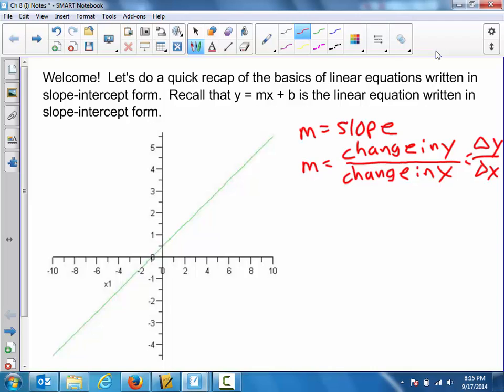If you've got a line already on a graph and you pick out a couple of points on that graph, let me see if I can pick out a few here that work okay. Let's go with this one as well.